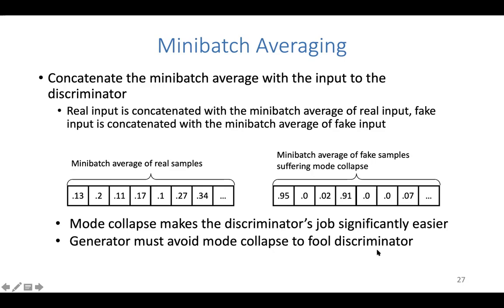Because if it has fallen into mode collapse, it will generate samples that average into this kind of vector, which makes the job of the discriminator extremely easy. So it's simply making the job of the generator harder than before, so that it cannot cheat to fool the discriminator.